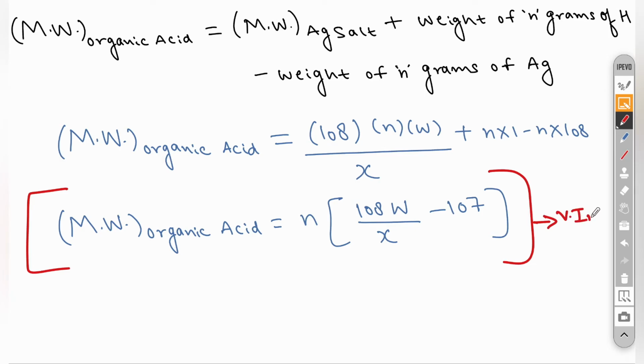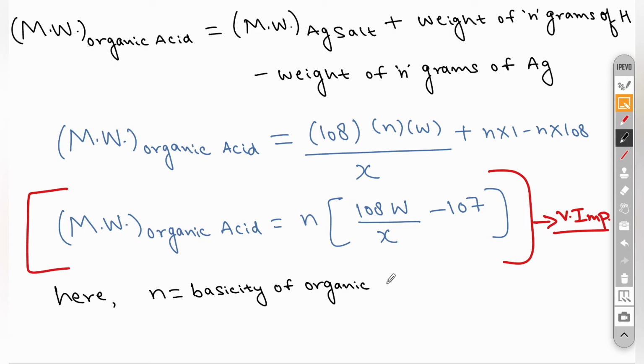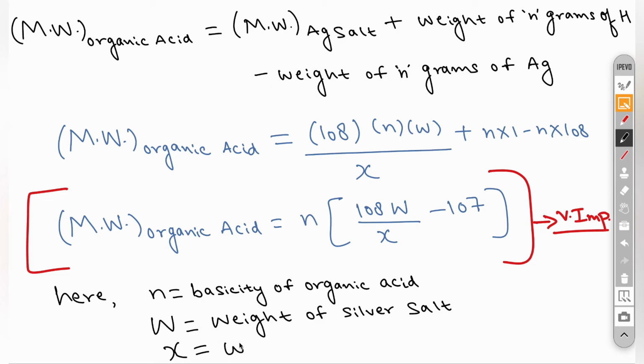Here n denotes the basicity of the organic acid, W stands for the weight of silver salt, and X stands for the weight of pure silver.